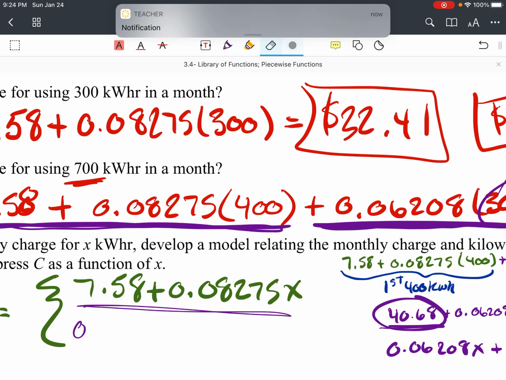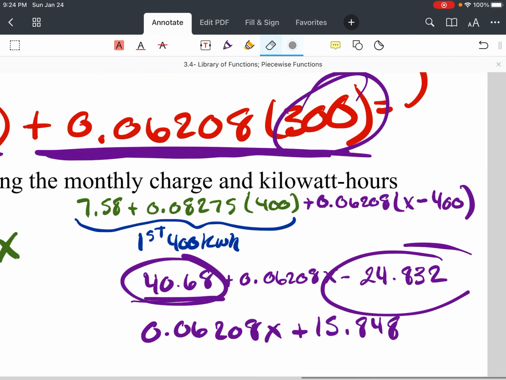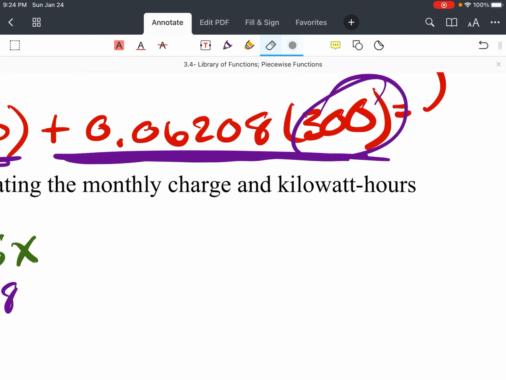We have the first model, and then we have the second model, which will be 0.06208x plus 15.848. And now the last thing we need to do is simply figure out what those domains are, what the intervals are that those values hold true.